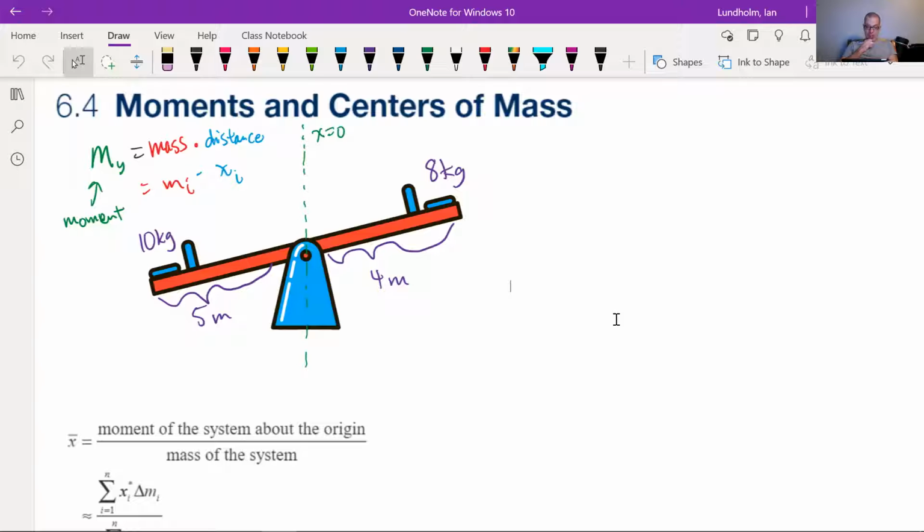So let's take a look and find the center of mass of this entire object by using some moments. So this is the center of mass in the x direction.